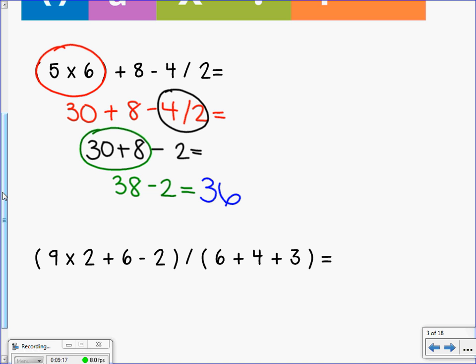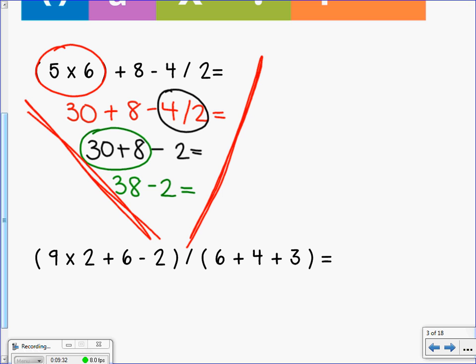At the end, if you are writing everything every time, and you are kind of staying on track, you should always end up with a triangle with your number on the bottom. Okay? Because if you think about it, each operation you're doing, you're taking like a bunch of writing and making it one number. So it should always go down, down, down until you're left with one answer.